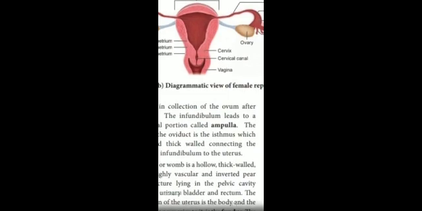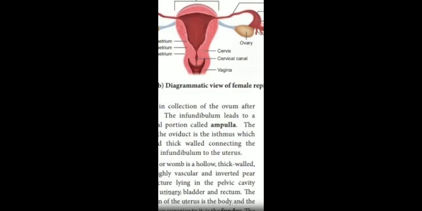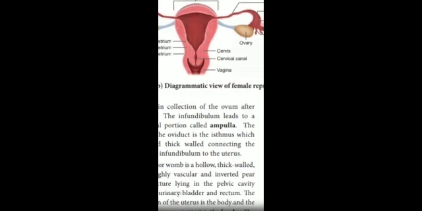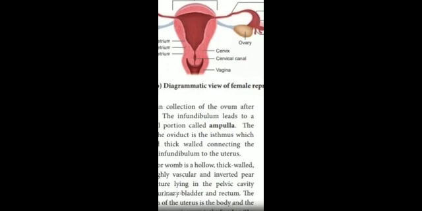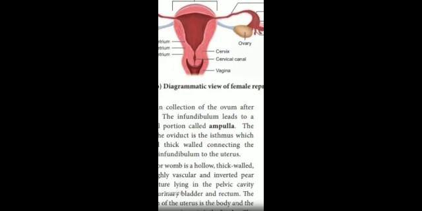In the male reproductive organs, the accessory glands, the bulbourethral glands, also secrete a lubricating substance.